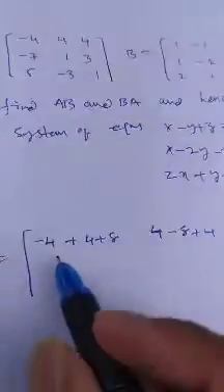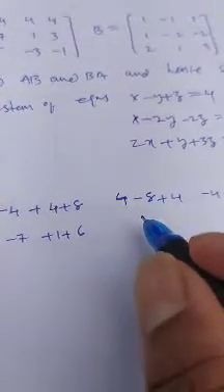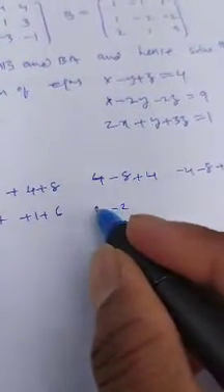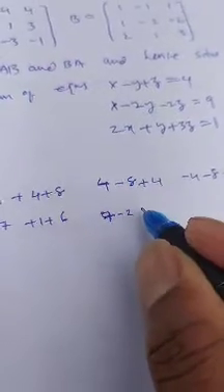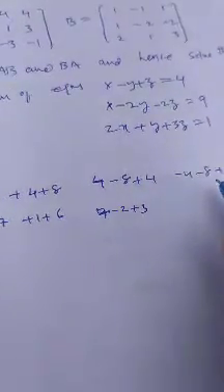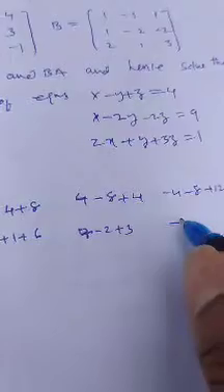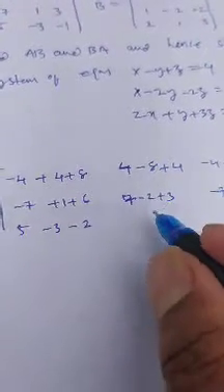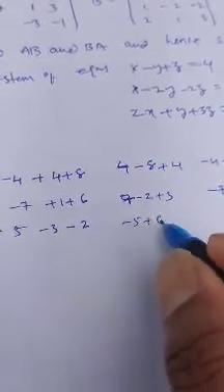Next, second row into first column, you will get minus 7 plus 1 plus 6. Second row into second column, 7 minus 2 plus 3. Second row into third column, you will get minus 7 minus 2 plus 9. Third row into first column, you will get 5 minus 3 minus 2.